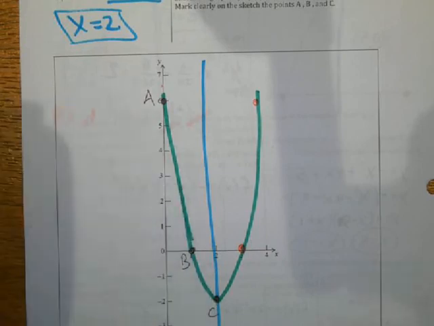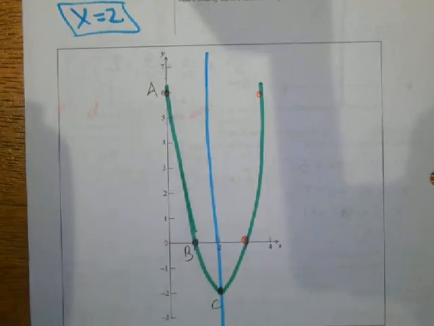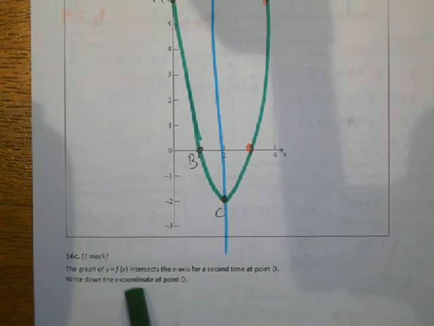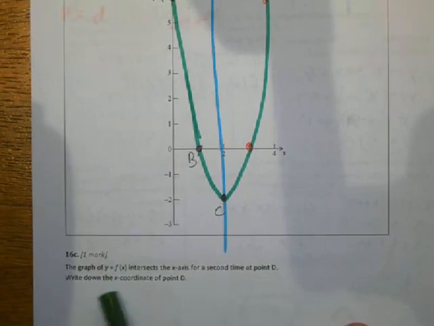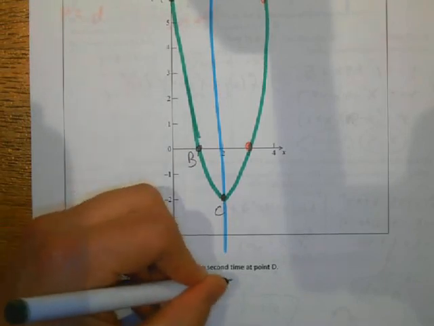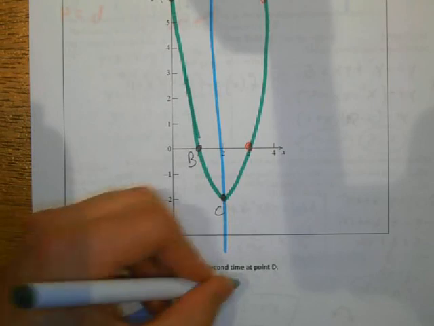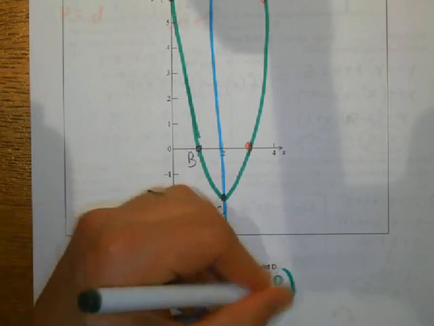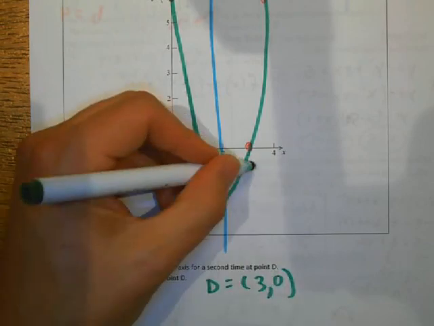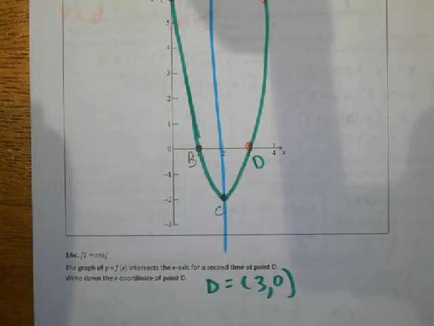Okay, mark clearly A, B, and C. Question C. The graph f of x intersects the x-axis at a second point D. Write down the coordinates of D. Okay, so D equals (3, 0). All right. That's it.